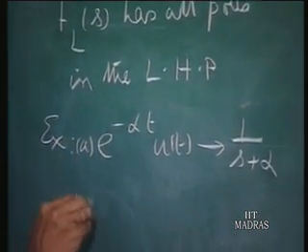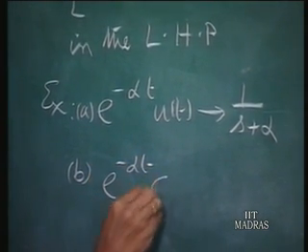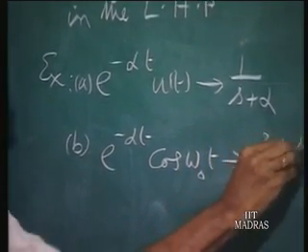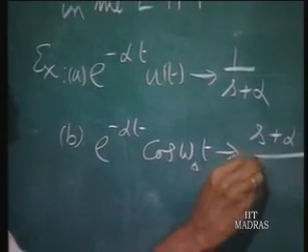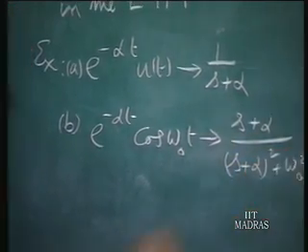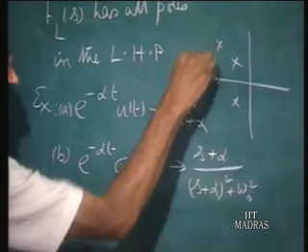B, e power minus alpha t cos omega naught t will have the Laplace transform s plus alpha over s plus alpha whole squared plus omega naught squared. That means here all the poles will be in the left half plane.